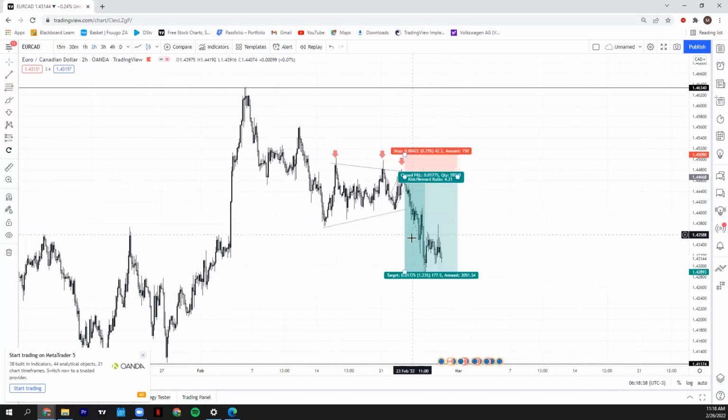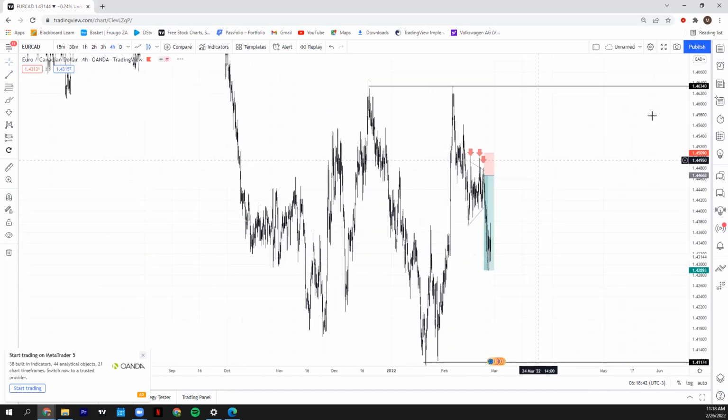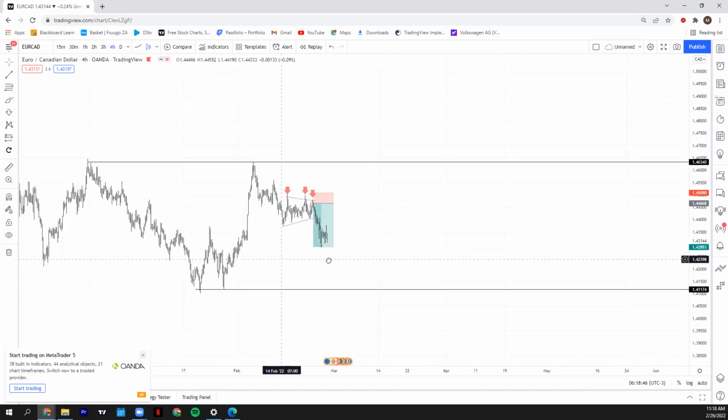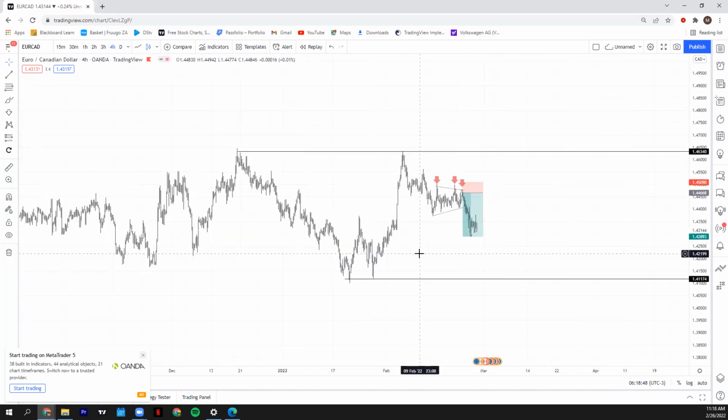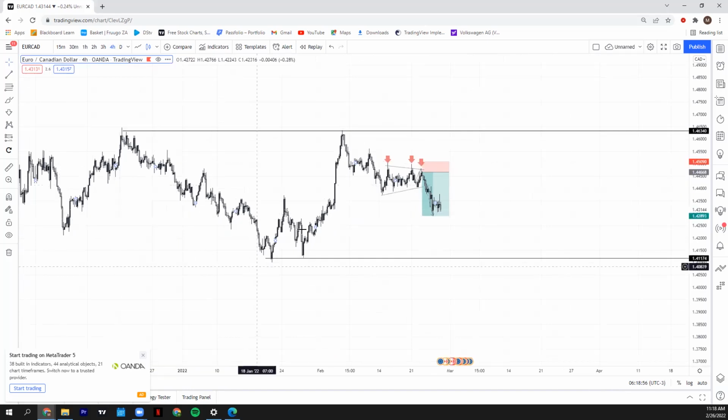And the reason why I picked this pair is because it shows so many similarities with the synthetic indices, like gold and silver, because the structure is similar. It's a double top going downwards. So basically that is that.